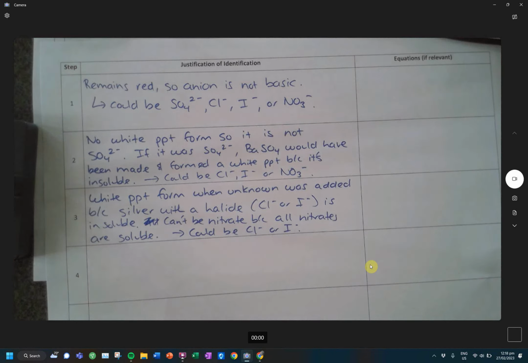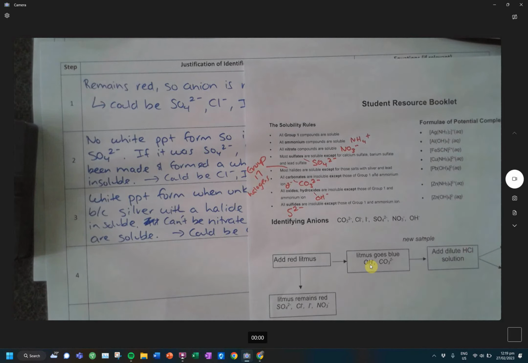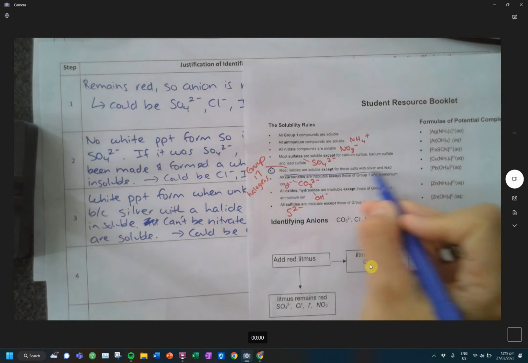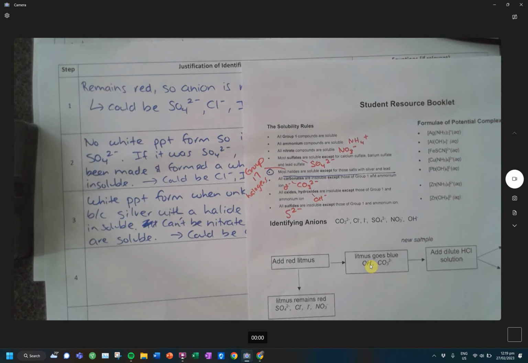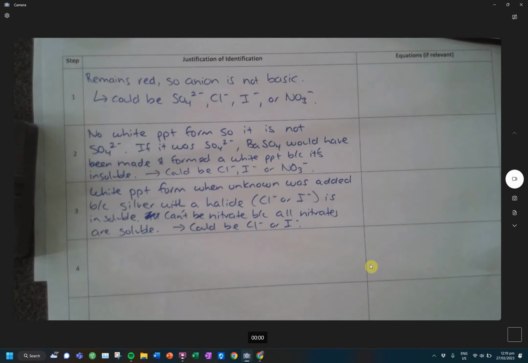You see how I'm justifying each step? I'm using that flow chart and I'm using my solubility rules. I'm using this one right here: most halides are soluble. Remember, those halides are anything in group 17. We're good so far? All right.